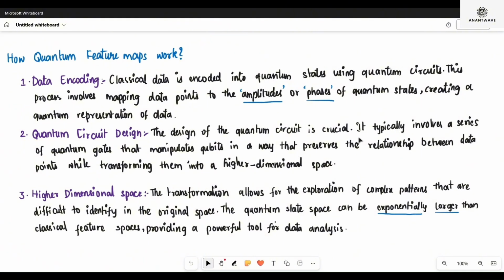It typically involves a series of quantum gates that manipulate qubits in a way that preserves the relationship between data points while transforming them into a higher dimensional space. Higher dimensional space: the transformation allows for the exploration of complex patterns that are difficult to identify in the original space. The quantum state space can be exponentially larger than classical feature spaces, providing a powerful tool for data analysis.